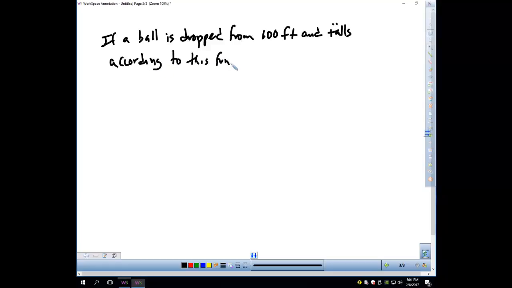So s of t, our position function with respect to time, equals negative 16t squared, and we'll explain where that negative 16 comes from down the road, plus 100. Maybe you can guess where that 100 comes from right now. So according to that function, that's how the ball is going to move.